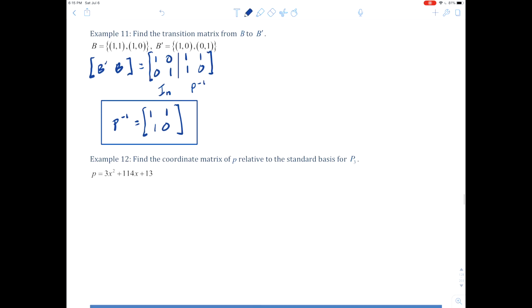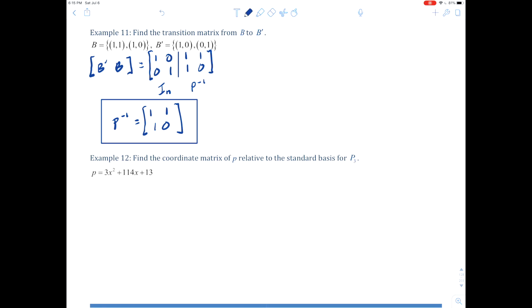Okay, next example. Find the coordinate matrix of p relative to the standard basis for P3. All right, so this time I've got a polynomial again. What is the standard basis for P3? Do you remember? Beautiful. The standard basis for P3 was 1, x, x squared, x cubed. Cool so far?